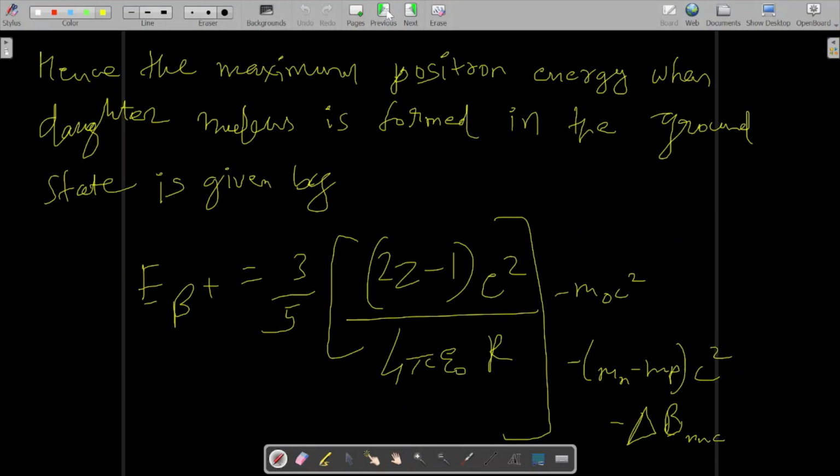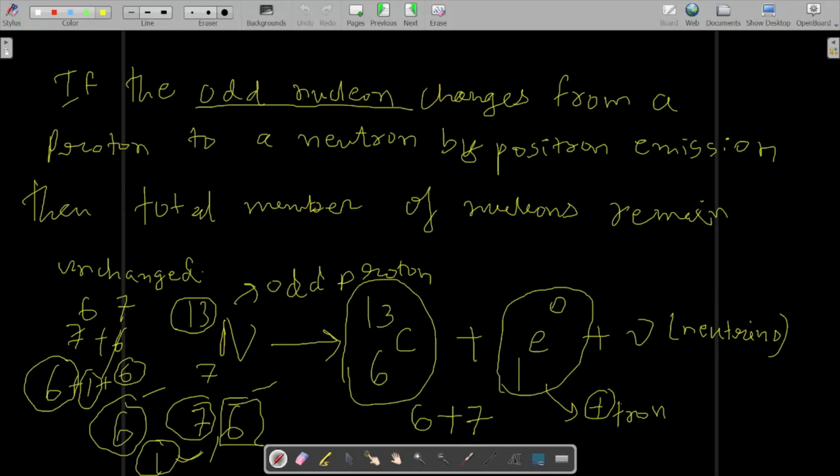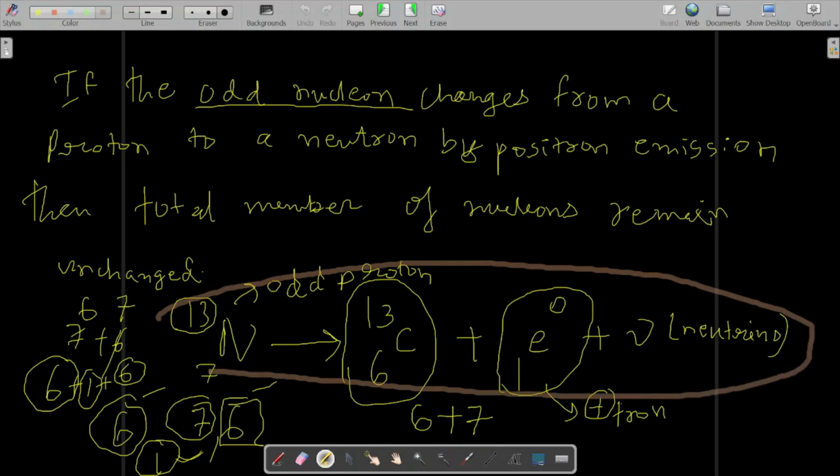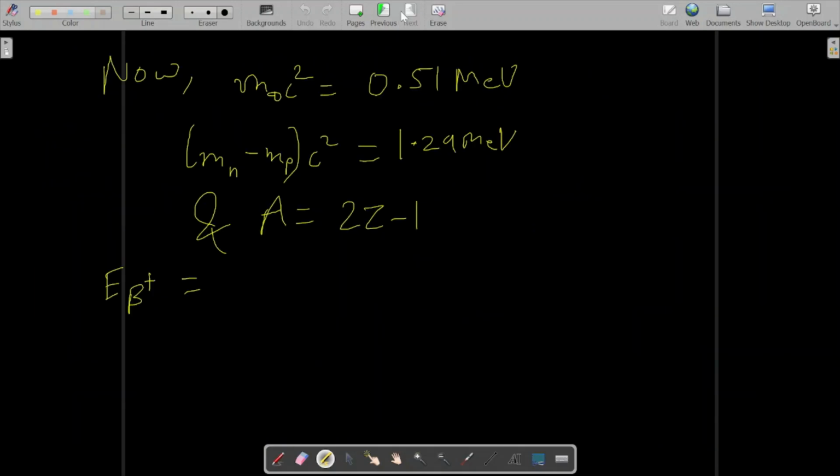We are writing all this for this particular nuclear equation. Okay, so E beta plus is equal to 3 by 5.